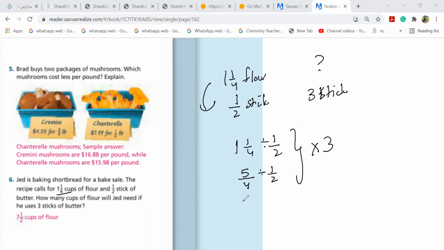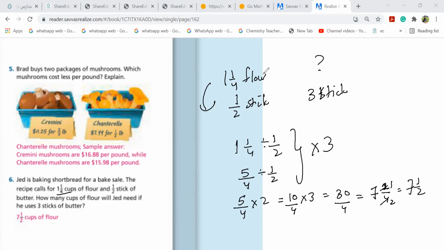Yes, Malak, what was your question? If another question comes and says, instead of half a stick of butter, maybe a whole stick of butter, will we divide 2 times or only 1 time? You will do the same procedure.